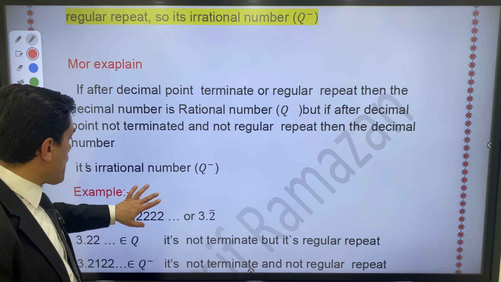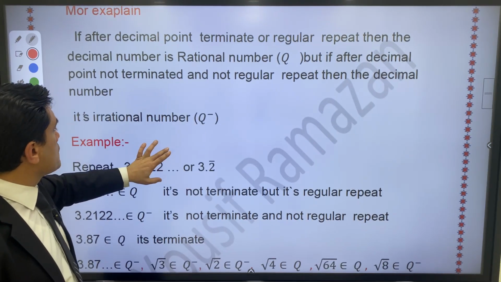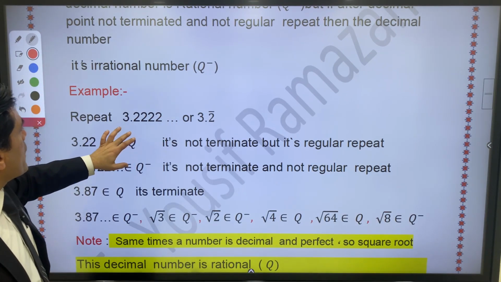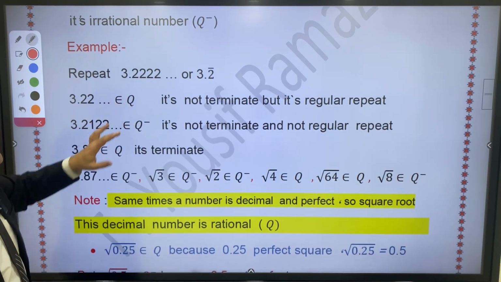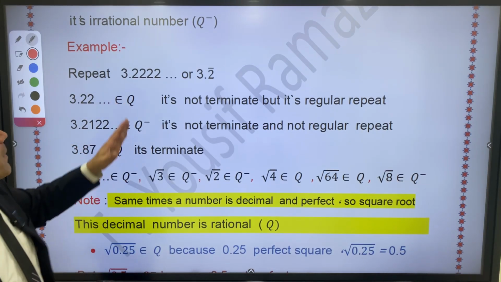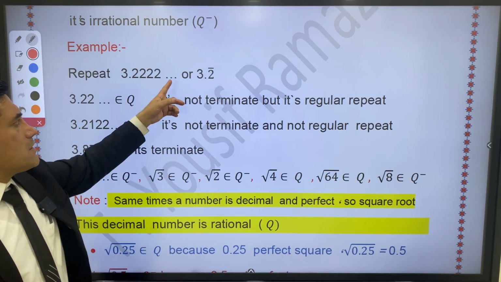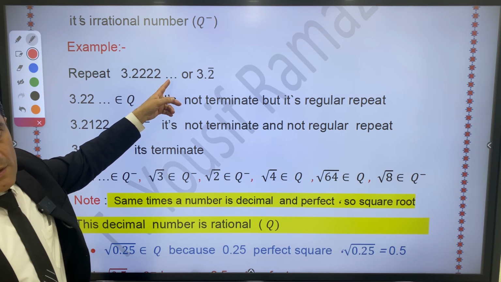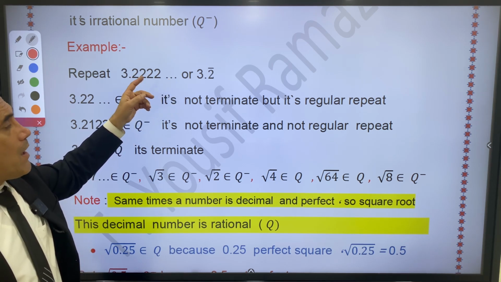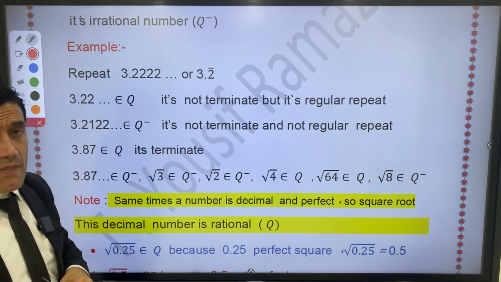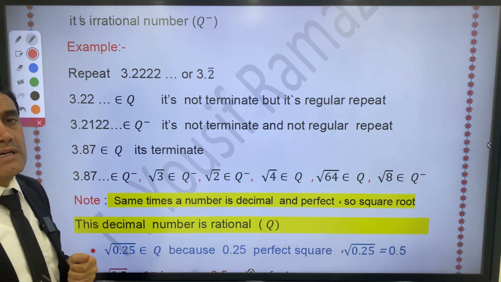For example, you have more numbers: 3.2222 and then 3 points. It does not terminate, but it is a regular repeat, yes. When a number is a regular repeat or terminates, that means this decimal number is rational.